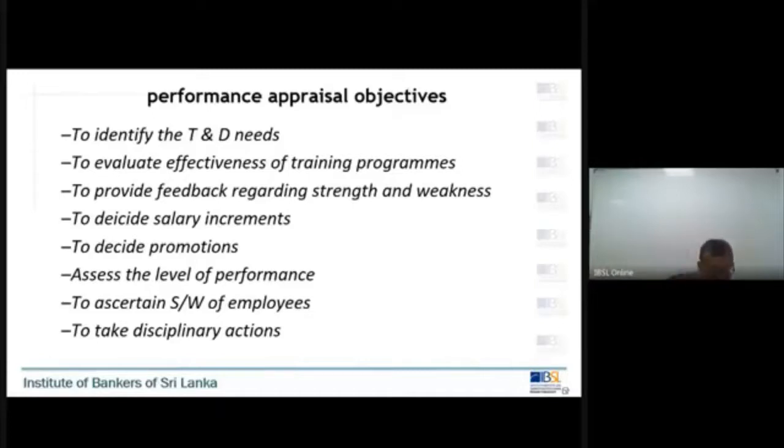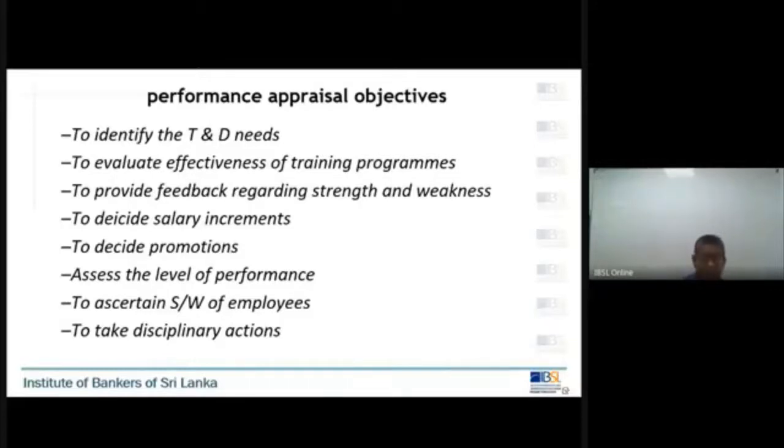If you are in the probationary period, your probation can be extended for another 6 months, or you can even be terminated. So likewise, there may be a lot of purposes and objectives, and you can take a variety of decisions based on performance appraisals. Okay, I think you understood that also.